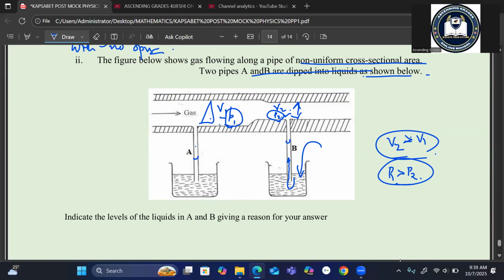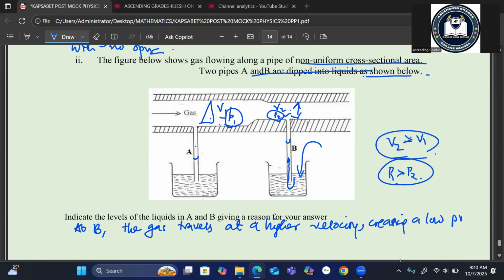So you can say at B, the gas travels at a higher velocity, creating a low pressure zone. Higher atmospheric pressure forces the liquid up.